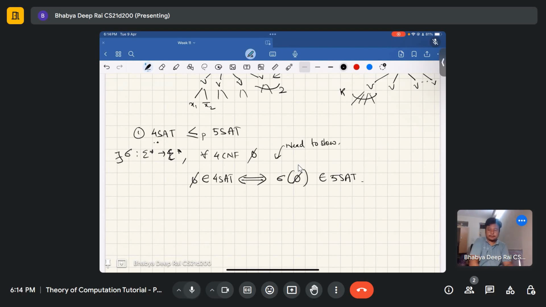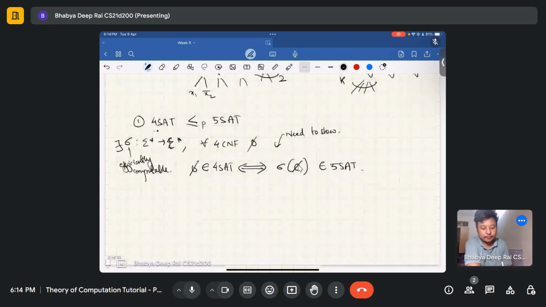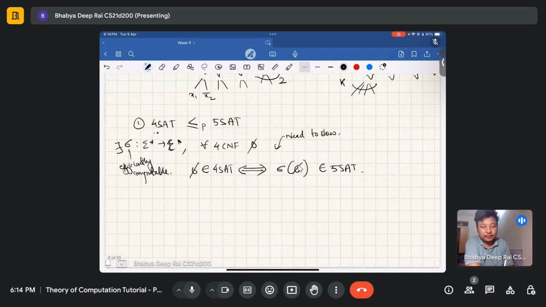We need to show such a sigma, and sigma should be efficiently computable. So how do I do this? What I can do is, see, phi is a formula, remember, and actually sigma star can be further refined.